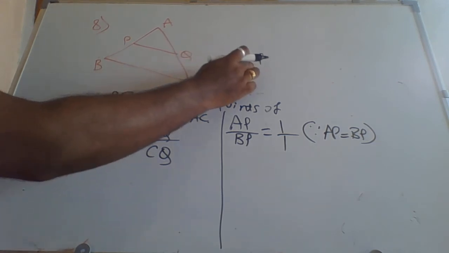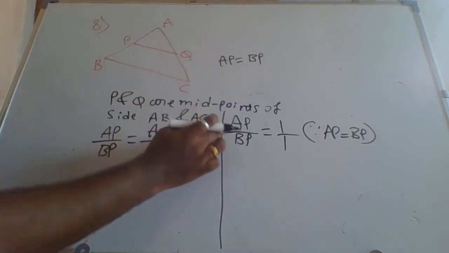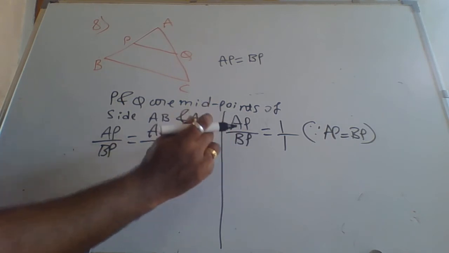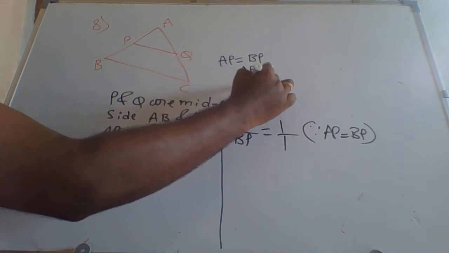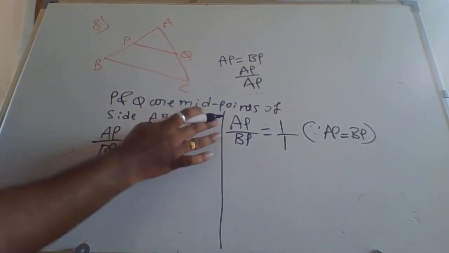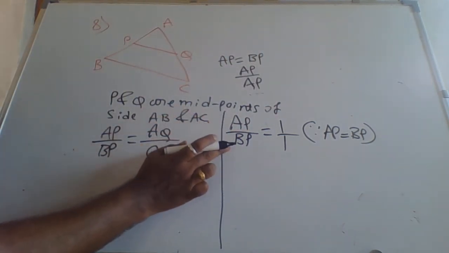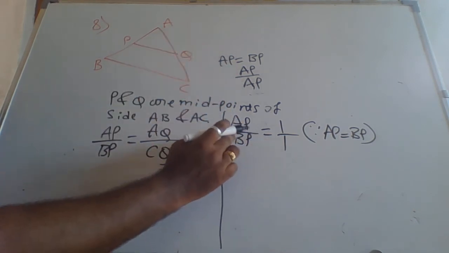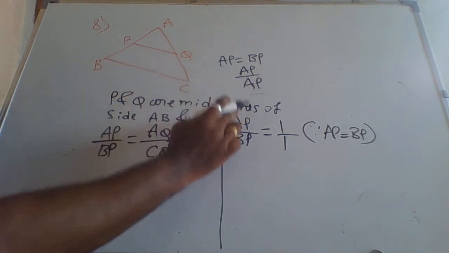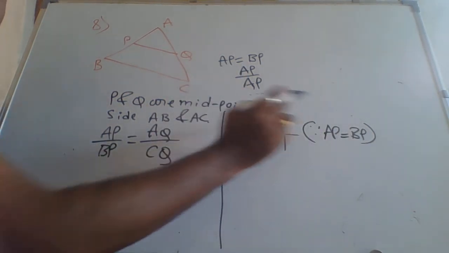If BP is equal to AP, here we can consider AP by BP as AP by AP only, because AP is equal to BP.